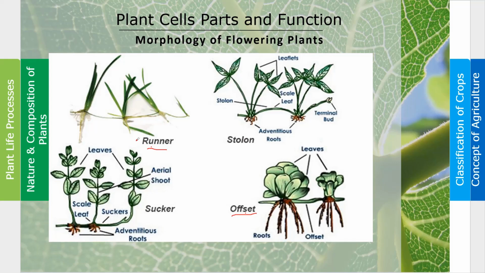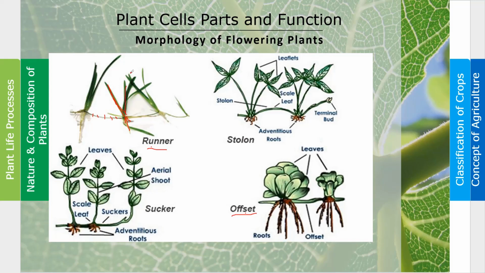So, how would you tell these runners from other modifications? So, sa runners, meron silang maraming nodes in between. Okay? So, ayan, marami silang nodes. And also, when one of the nodes will get in contact with the soil, mag-grow siya ng roots, and then mag-grow siya ulit ng bagong leaves, bagong shoots.